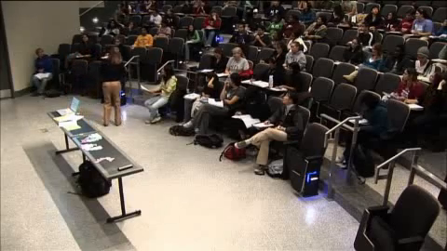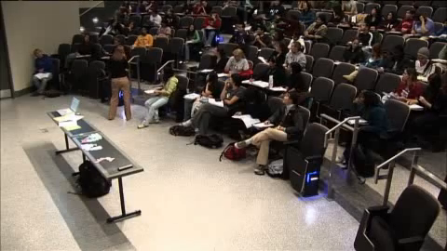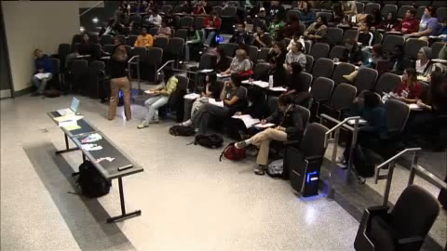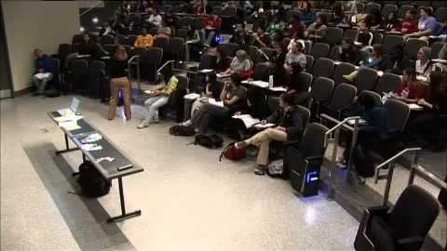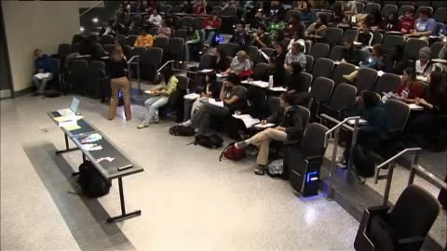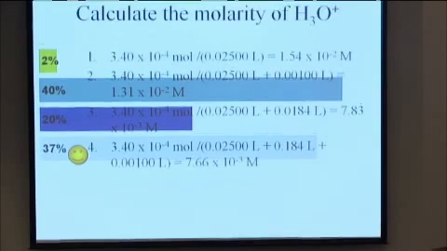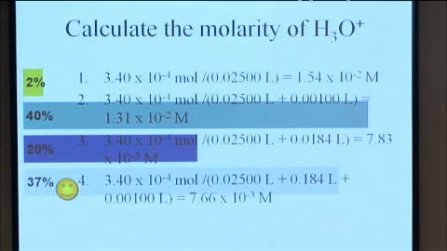Yeah. So the trick here was about the volume. We had 25 mL to begin with. Then we added 18.4 to get to the equivalence point. And then we're 1 mL beyond the equivalence point. The trick in these parts of the problems is to remember all the things that have been added to get to the volume.